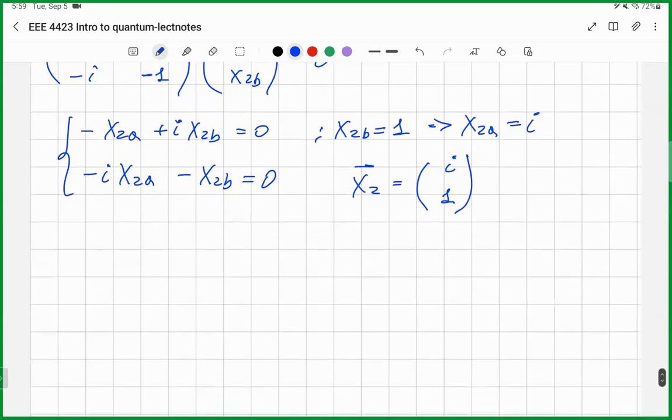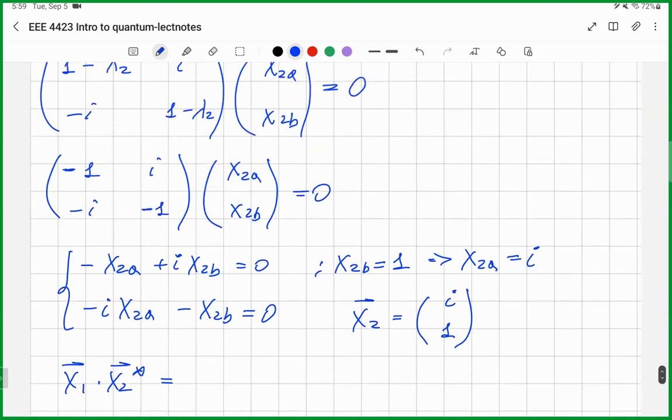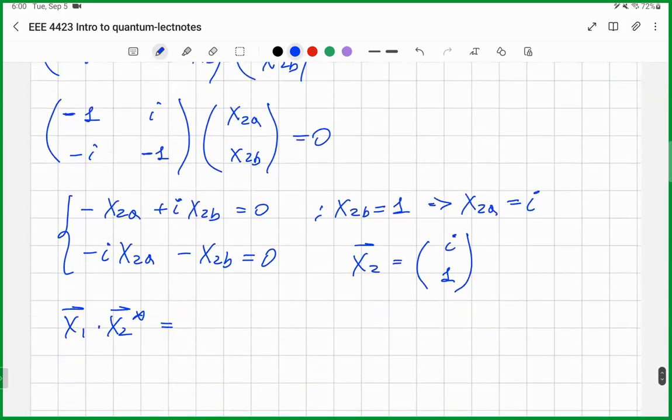So we obtained two vectors, right? And then to check that the vectors are orthogonal, we need to take the dot product of the two. So it's going to be x1 times x2 complex conjugate, because now the vectors are complex valued, right? So for the first one, x1 is minus i and 1.